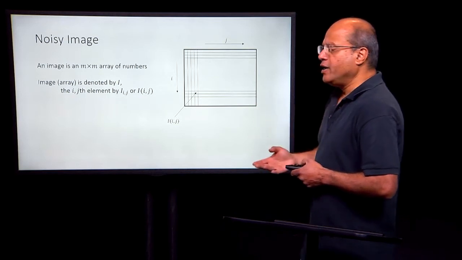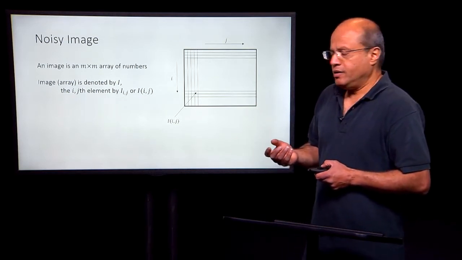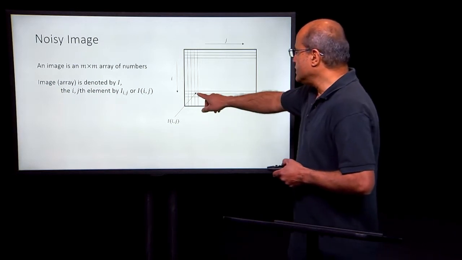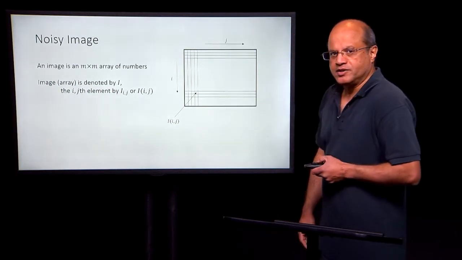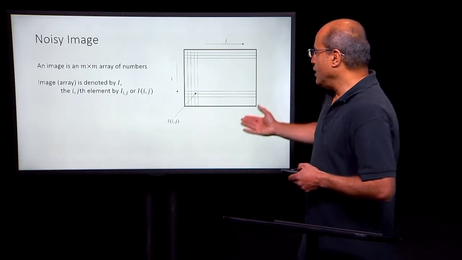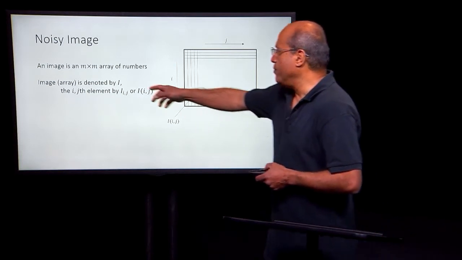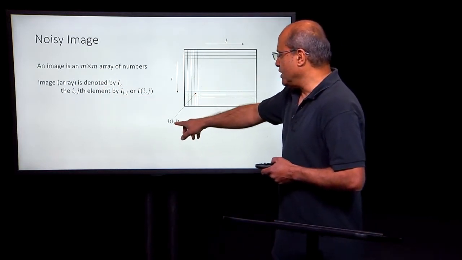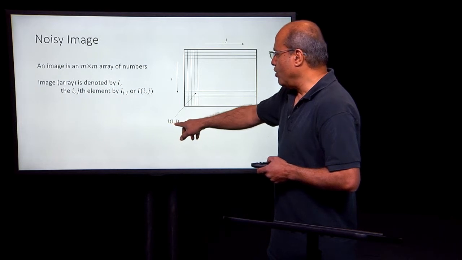For an image, I_ij, that one element, is just a single number. This element is called a pixel, short for picture element. So we say that this image has m by m pixels, or m square pixels, and the ijth pixel has a value I of ij.